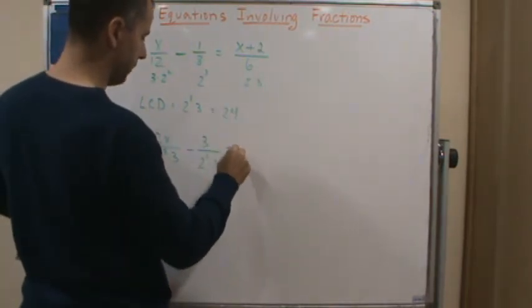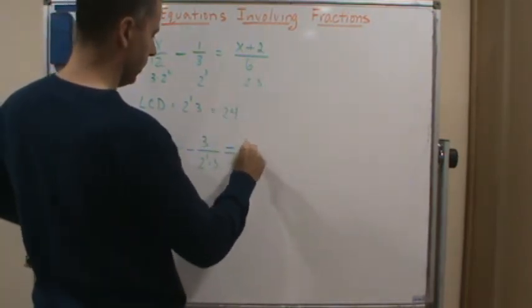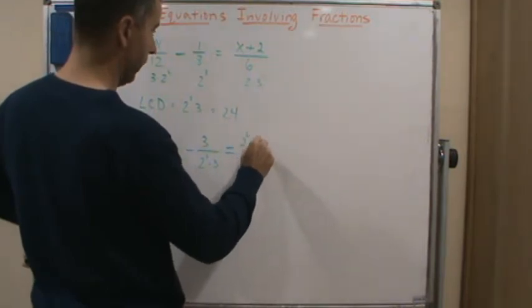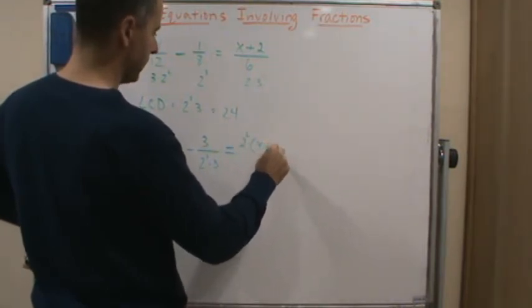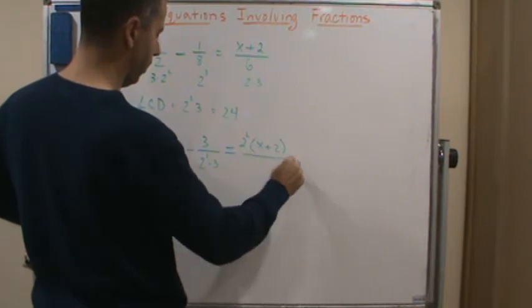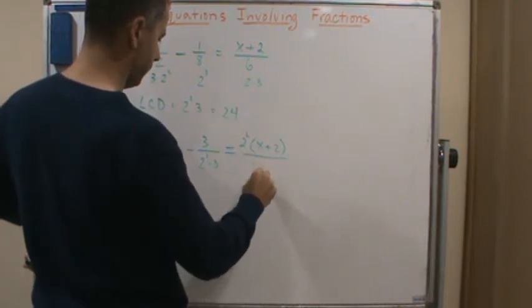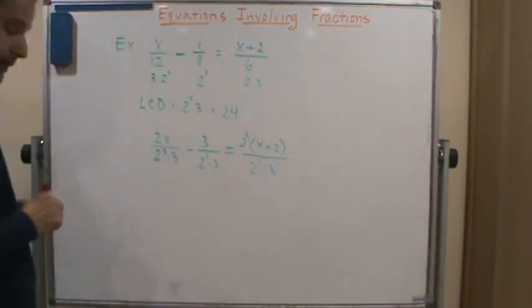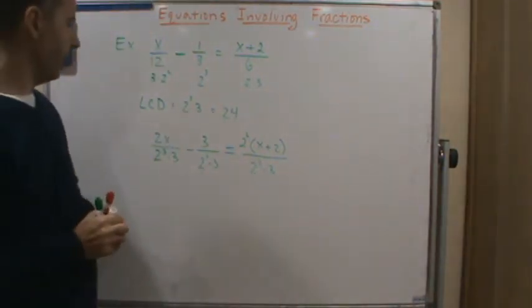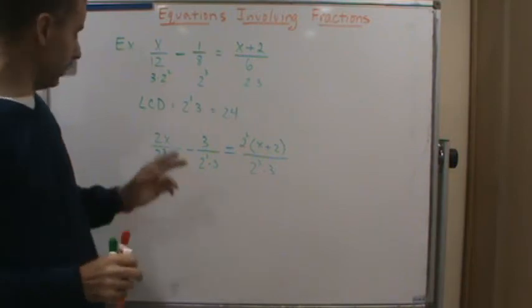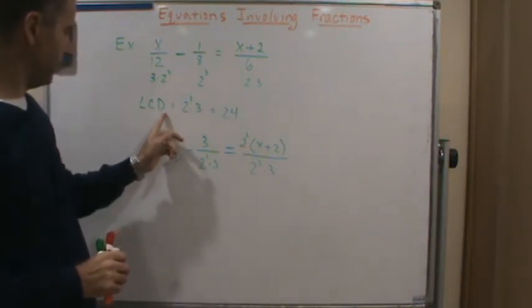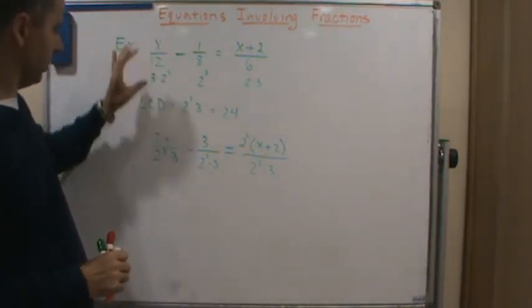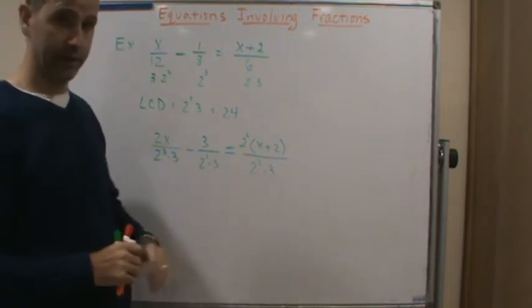So I'm going to get equals 2 squared times x plus 2 over 2 cubed times 3. So all I did was use the least common divisor to write this equation with a common divisor.